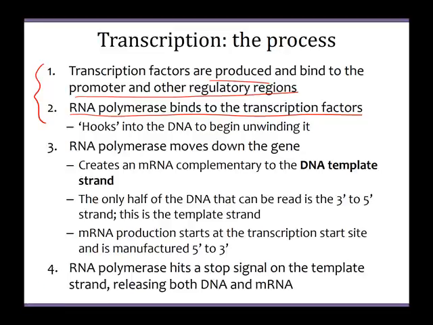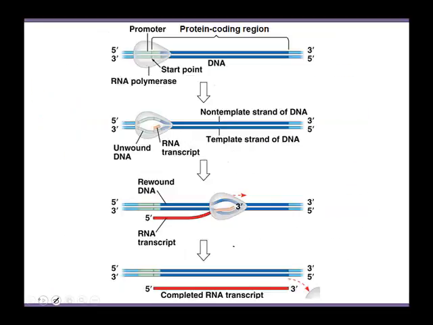Alright, so RNA polymerase now leaves behind the transcription factors and moves down the gene. He'll read the DNA template strand and create mRNA. And remember, the only half he can read is the half that goes from 3 to 5. So let me show you an image here. Here's our RNA polymerase. We don't see any of our transcription factors in this image.